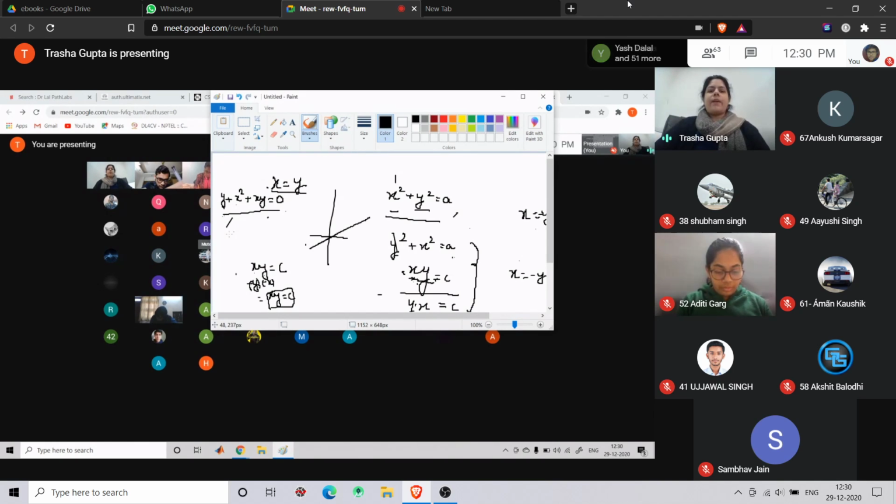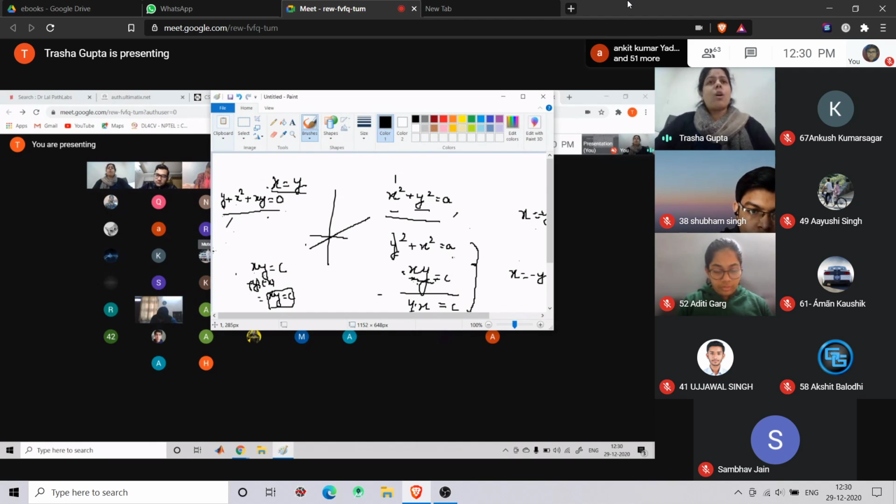The only way to check whether the curve is passing through the origin is that if there are no constant terms in the equation of the curve, then the curve passes through the origin.